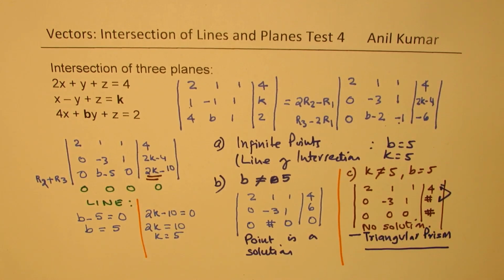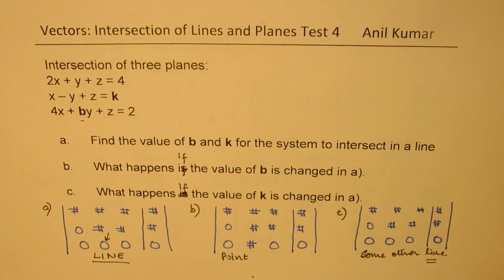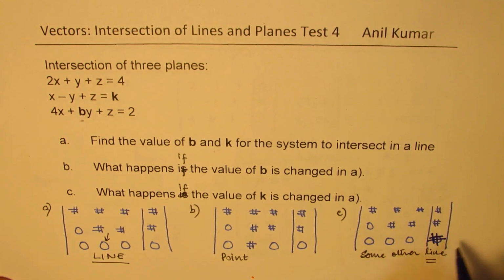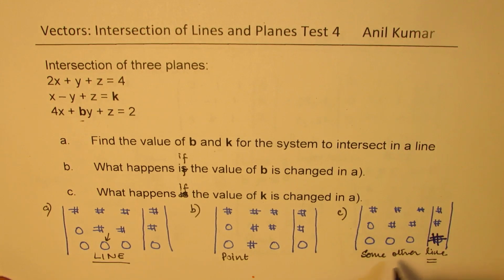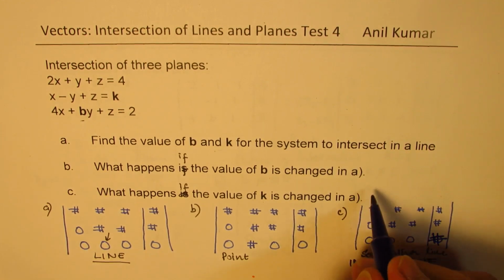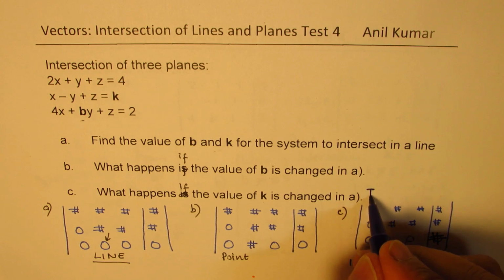System will be not consistent, right? So in this case, let me correct this. Since that will not be 0, it will be equal to some other point. So here we'll get an inconsistent system. And it will look like a triangular prism.